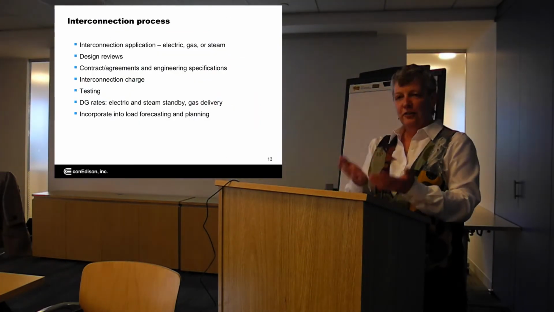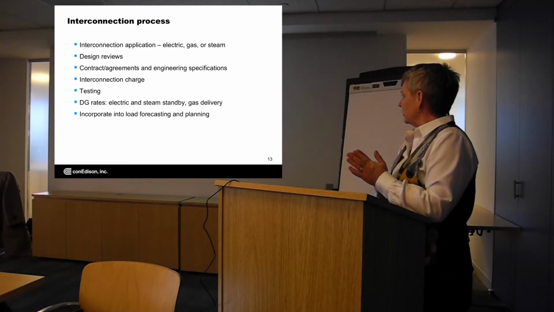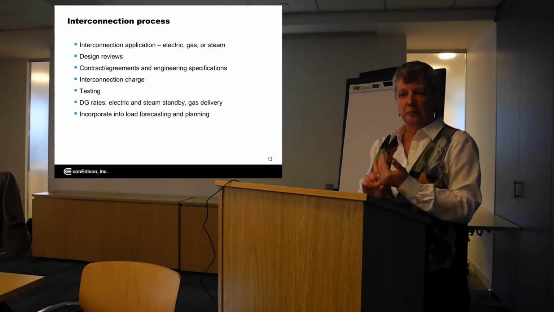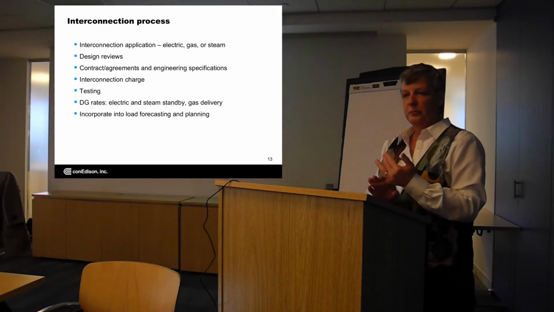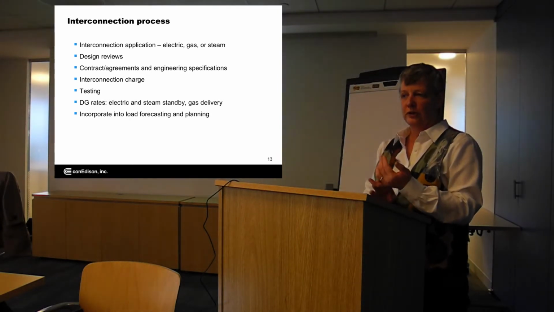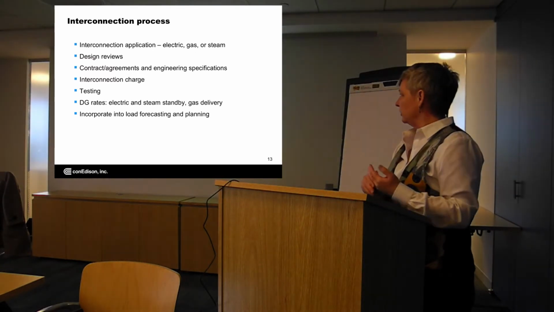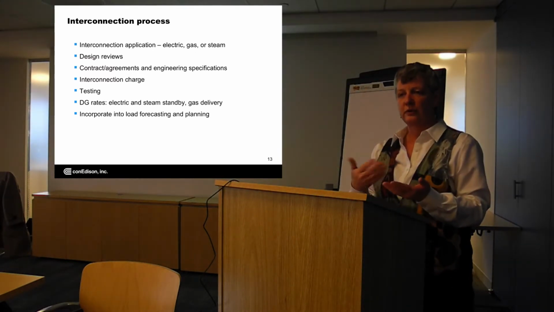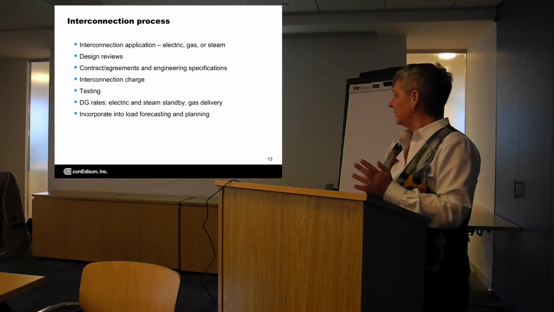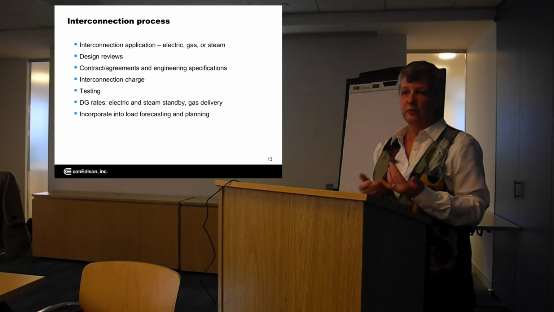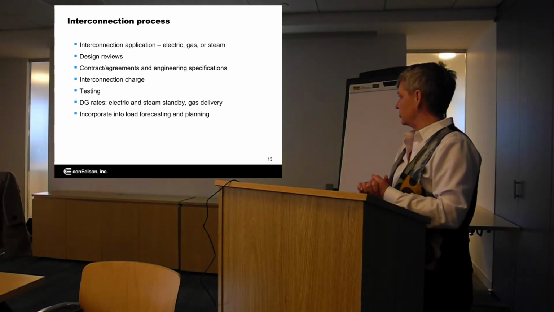So you come to Con Edison, you're interested in installing a generator. We'll look at the electric side, and you probably will need additional gas supply. We'll need to make sure that there's gas available, or let you know there may be a cost for getting that gas available. We look at the design. There's an ongoing discussion with the engineers, and there might be some cost associated with connecting the generator.